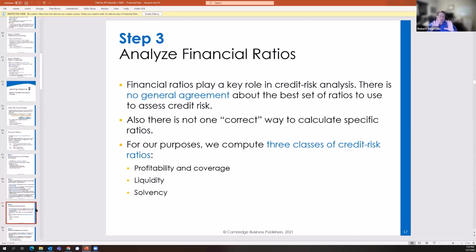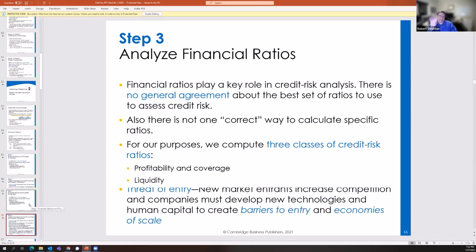The book makes a big point of this: there are no set ratios to use. Everyone's going to use different ones. But the common ones are profitability, liquidity, and solvency. Those are the ones that make sense, but there are all sorts of nuanced ratios you can do.